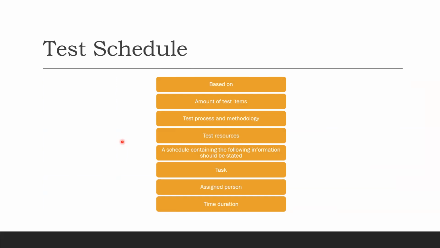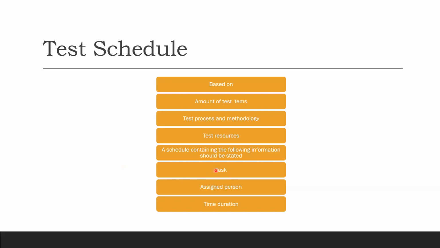Absolutely. So the schedule containing the following information should be stated: the tasks. Regarding resources, as I explained earlier, you may have resources in the team where some folks may do the database testing, some folks might need to do environment setup, and others might need to do automated regression testing.